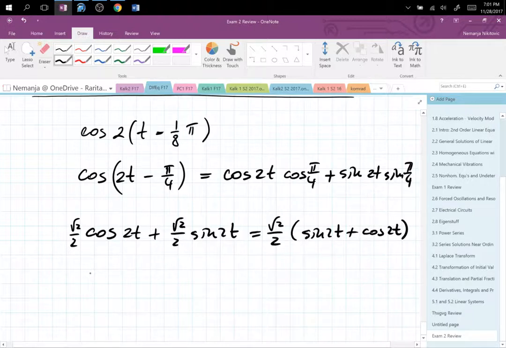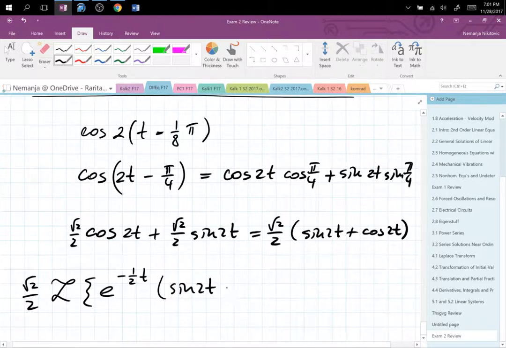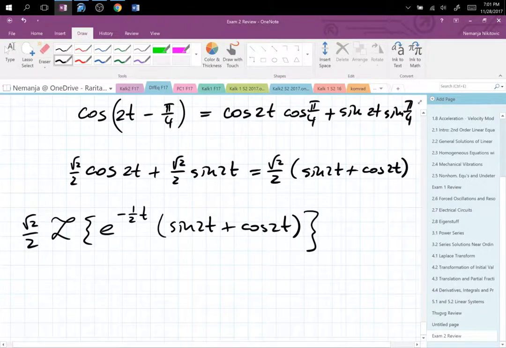So now you have the problem transformed. The Laplace transform of e to the negative 1/2 t times root 2 over 2, which kicks outside, times sine 2t plus cosine 2t. And you can use the s squared plus k squared formula. So a is still negative 1/2, which will make s plus 1/2, and both k's are 2.